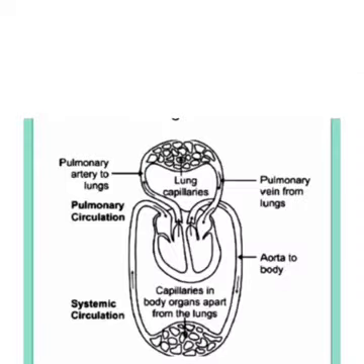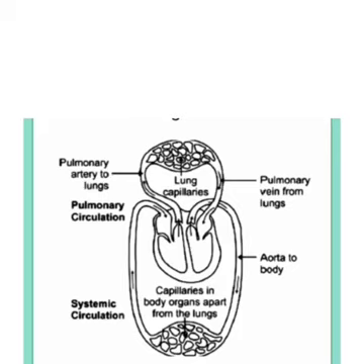Here is a schematic representation of transport and exchange of oxygen and carbon dioxide. In the figure, blue color represents deoxygenated blood on the right side and red color represents oxygenated blood on the left side.